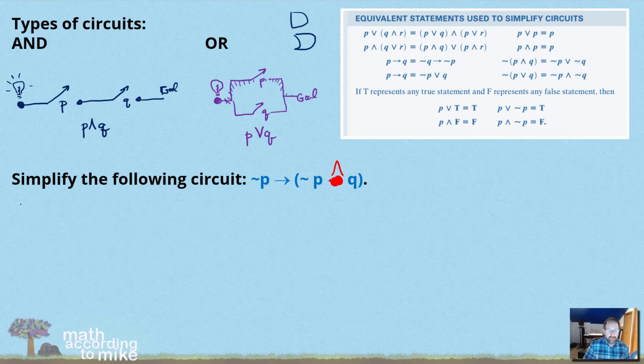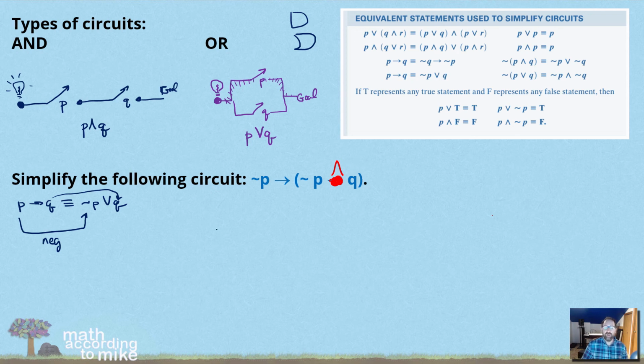And remember, to do that, P implies Q is the same thing as not P or Q. That's what we just had earlier. So again, what this says is you negate the antecedent and you or the consequent. That's what that says in English. Don't get stuck on the letters P and Q.